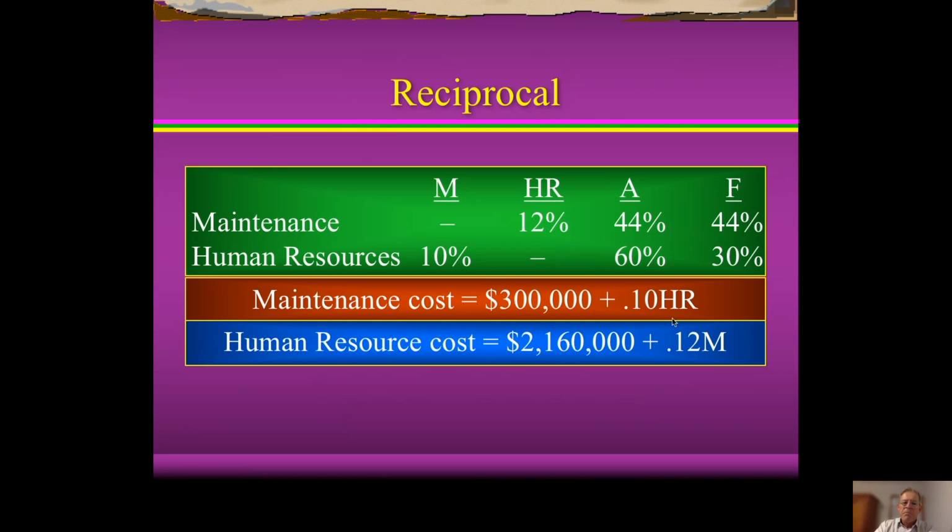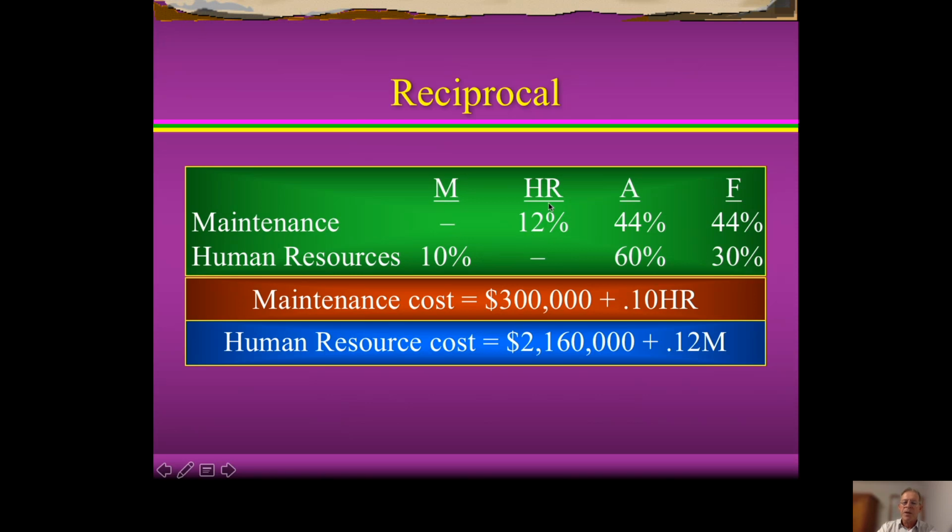If HR does 12%, sorry, I'll get this right. Yeah, for the maintenance, HR is doing 10% of their work going towards the maintenance department. So therefore, the full cost of maintenance is the cost in their department plus 10% of the HR department.